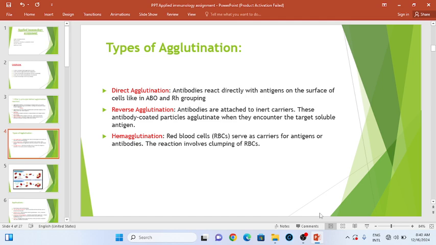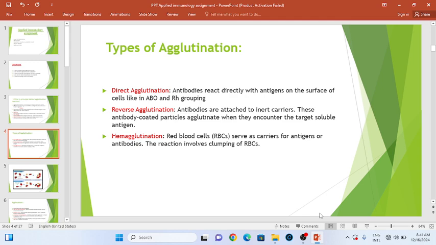Direct agglutination is where antibody reacts directly with antigen on the surface of the cell to form aggregates or clumps. This can be done in ABO and Rh grouping. The second one is reverse agglutination, where antibody attaches to an inert carrier, then that antibody-coated particle agglutinates when it encounters the target soluble antigen.